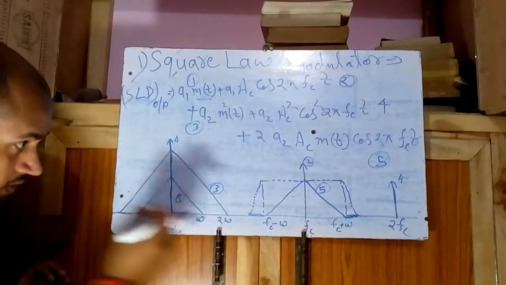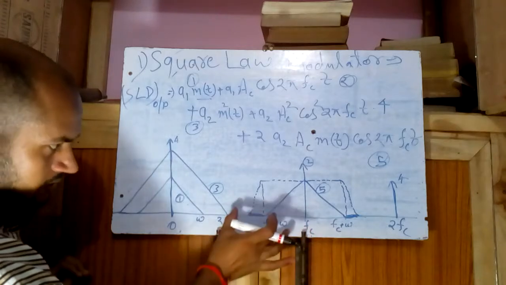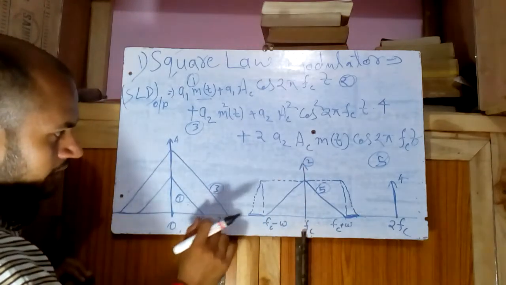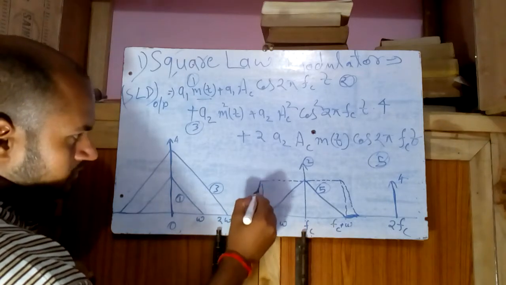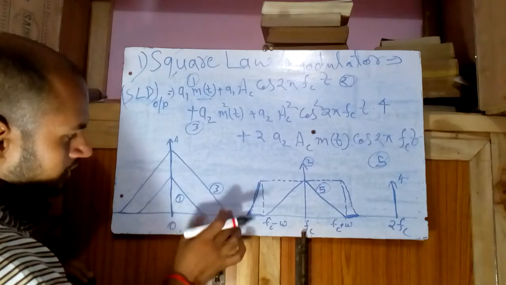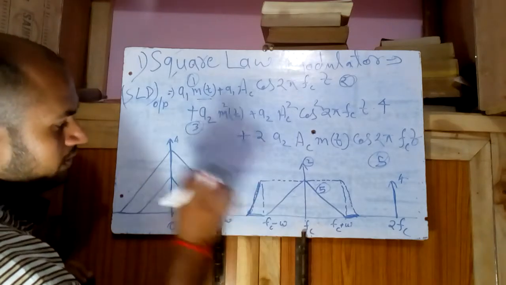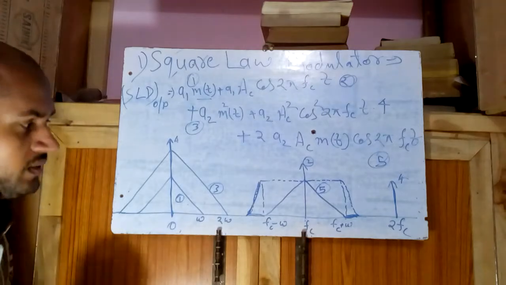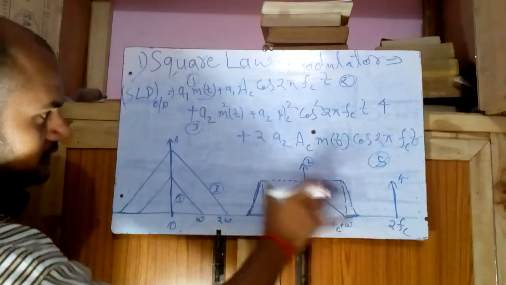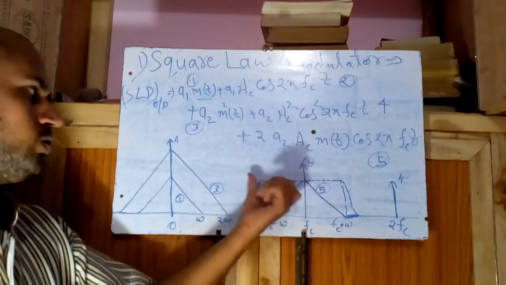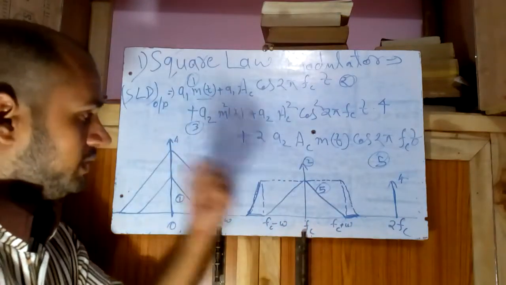So if the FC is less, all these terms will move to this side, and maybe in the range of the practical band pass filter, this part will be inside of the band pass filter. That will be noise for this. We do not want unwanted signal to be passed through the practical band pass filter.